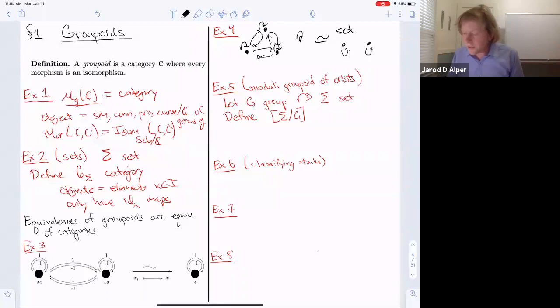This category is equivalent to a set. So we say a groupoid is equivalent to a set if there's some set out there and an equivalence of categories between C sigma and that category. And so you see on this left-hand side, this is not technically a set. It's not equal to a set, but it's equivalent to a set.